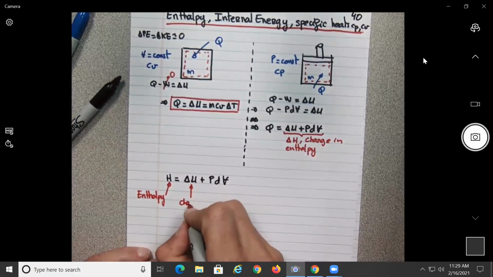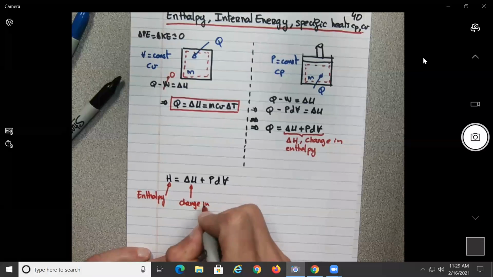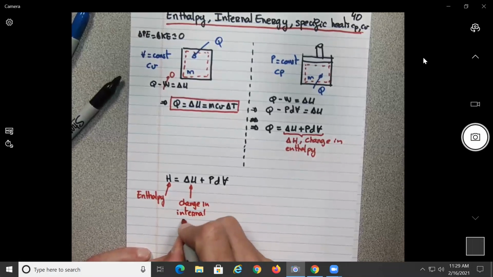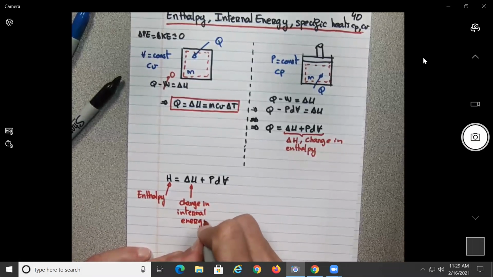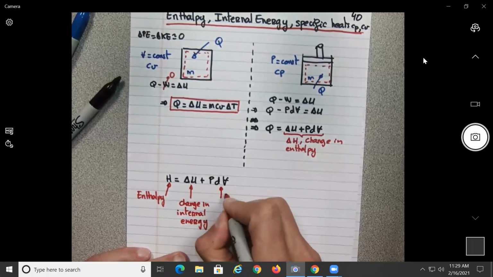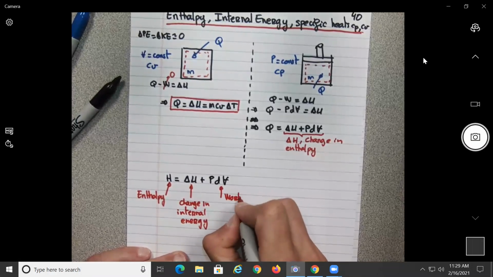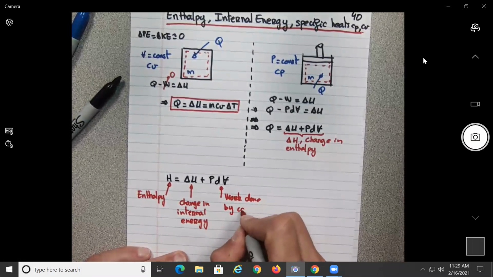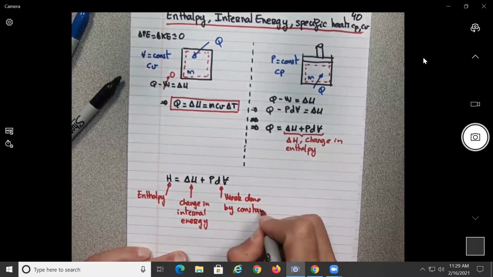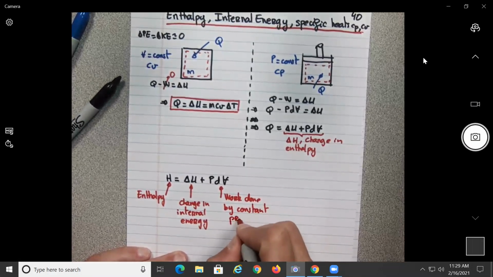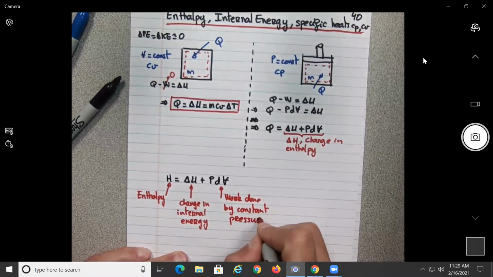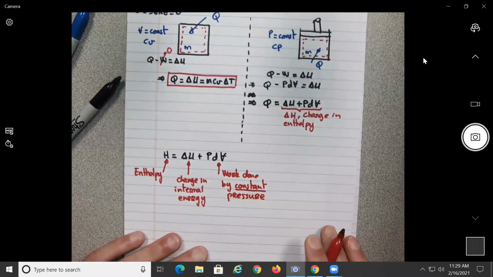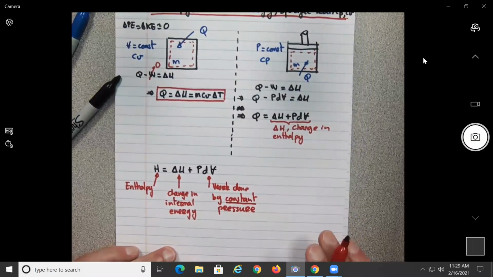Change in internal energy plus work done by constant pressure. And what's important here is constant, okay? Because if it's a polytropic process, it doesn't work.